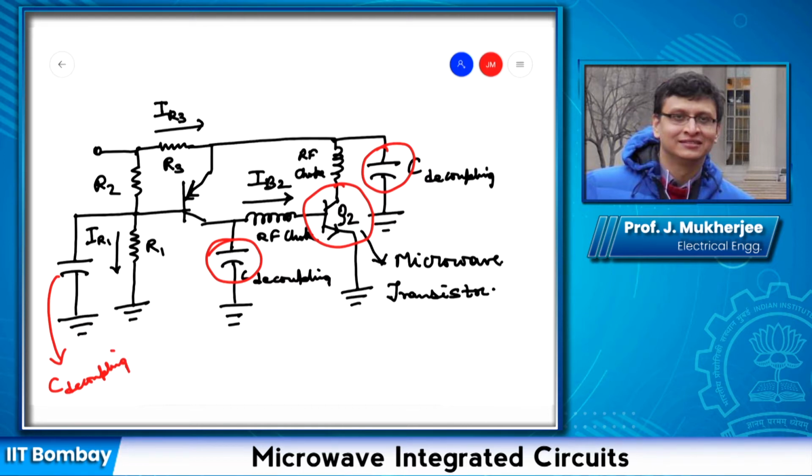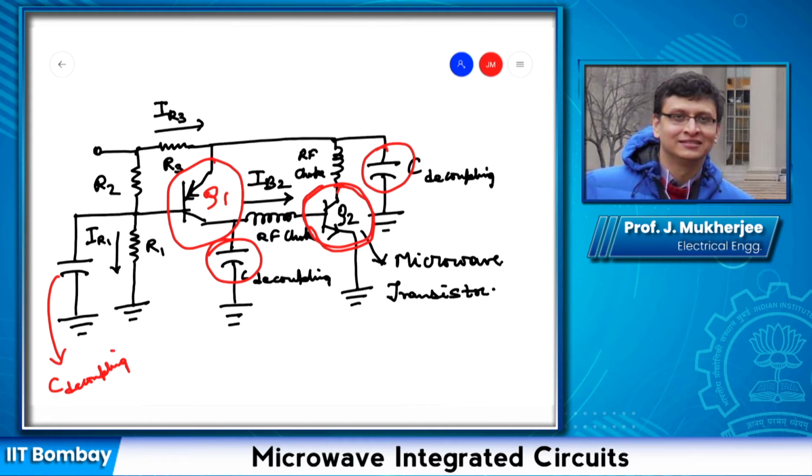So you have two transistors. This Q2 is the main amplifying transistor, whereas this Q1 is just used for biasing.